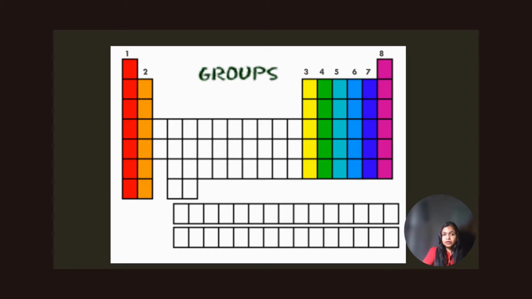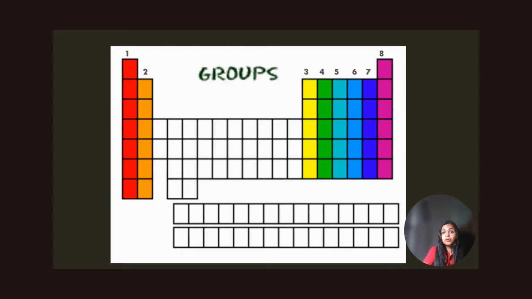The second group, 2A, beryllium, magnesium, and all those elements, have 2 valence electrons. Then the third group, the boron family, has elements with 3 valence electrons. The fourth A group, the carbon family, has elements with 4 valence electrons.